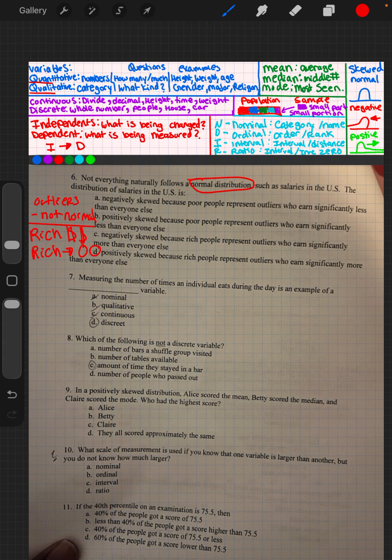It would be D. I'm going to draw this out. Rich is larger, while poor is smaller.